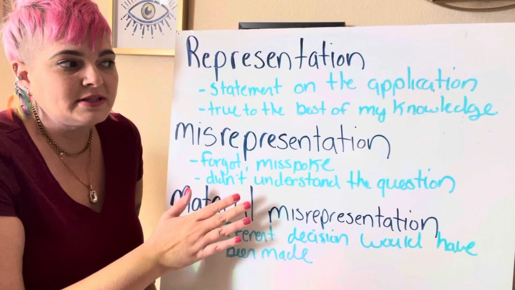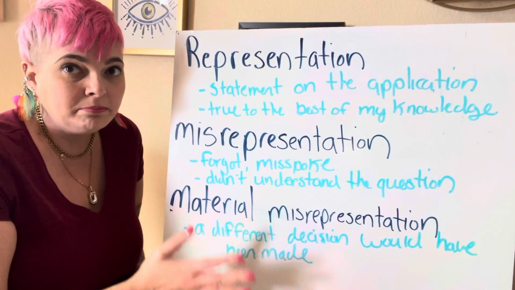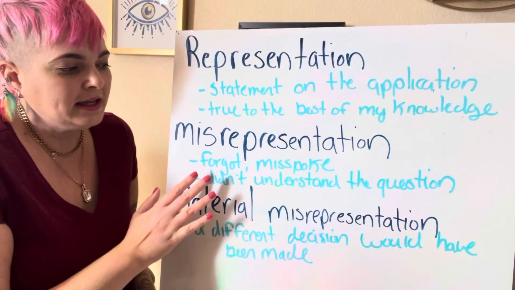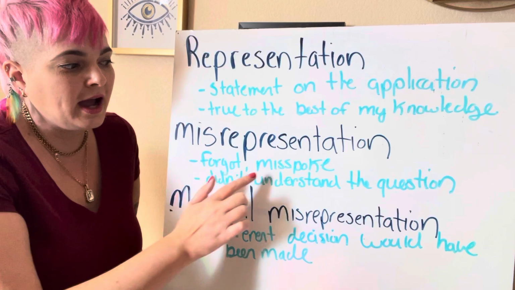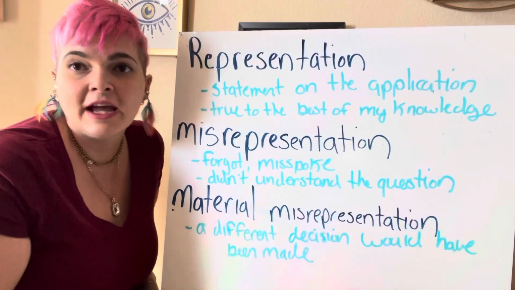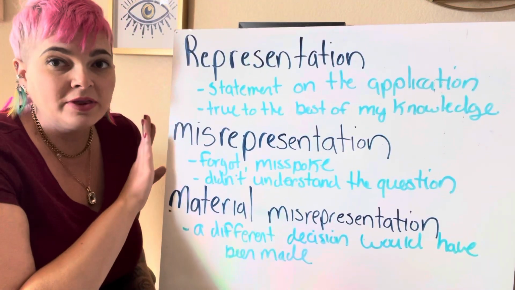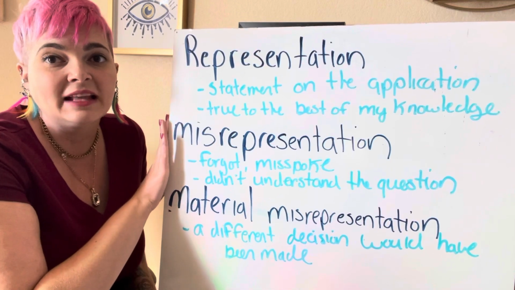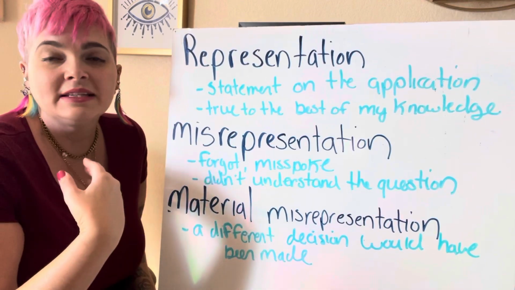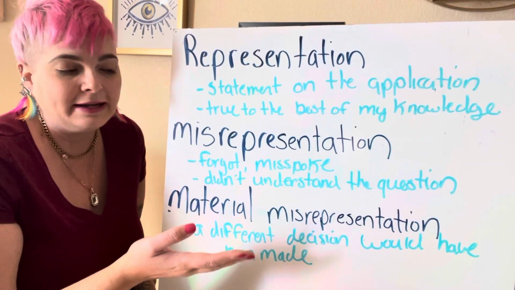But a misrepresentation by itself doesn't mean an outright lie. It could just be that I forgot, I misspoke, or I didn't understand the question. So don't think every misrepresentation is a lie. Unless it's intentional, it's not necessarily a lie.